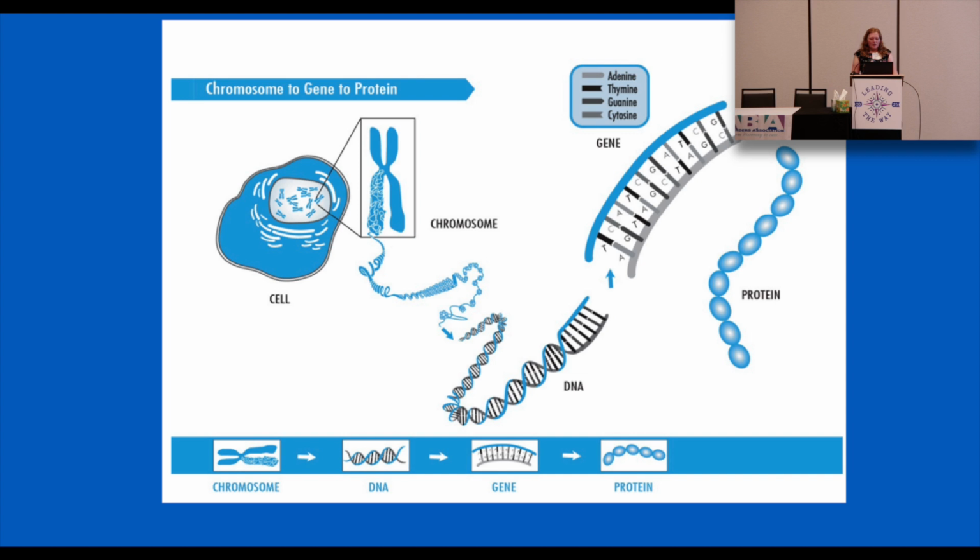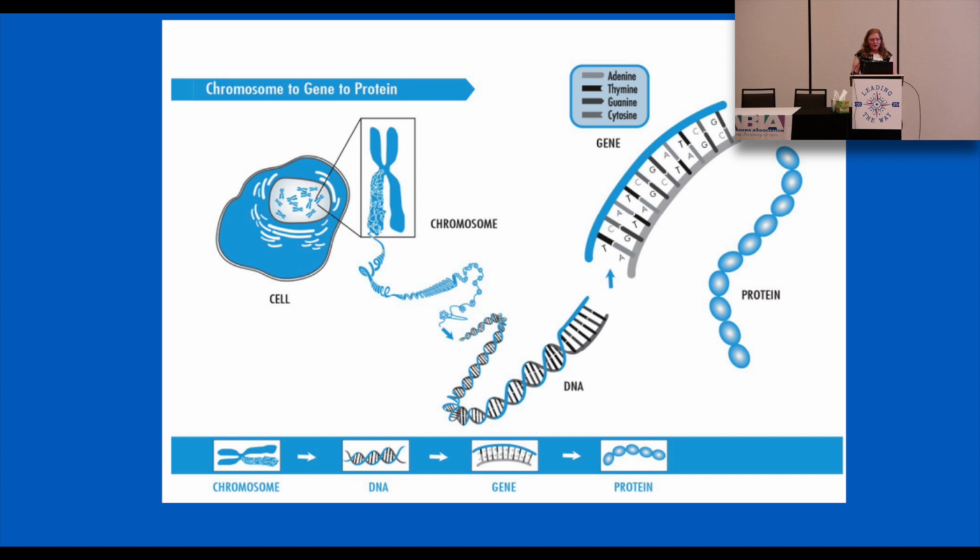On the left side of the screen, you can see there's a cell, and every single cell, the trillions that we have in our body, has a complete copy of all of our DNA. Then we have the DNA level, and it goes on to show the sections called genes, and that gets translated ultimately into the protein that you see at the end.